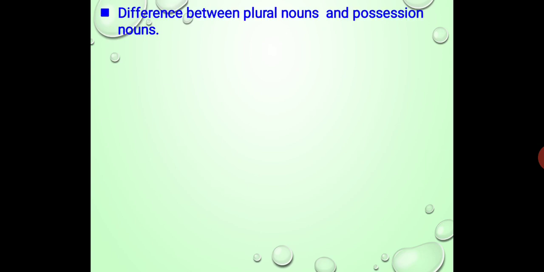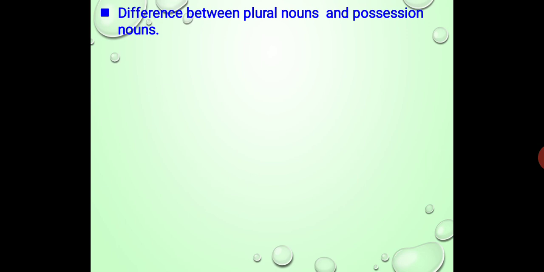Let's see the difference between plural nouns and possession nouns. Whenever we speak the plural nouns, for example girls, boys, students, right? If they are in a plural form and if they are in a possession form, the pronunciation will be same.